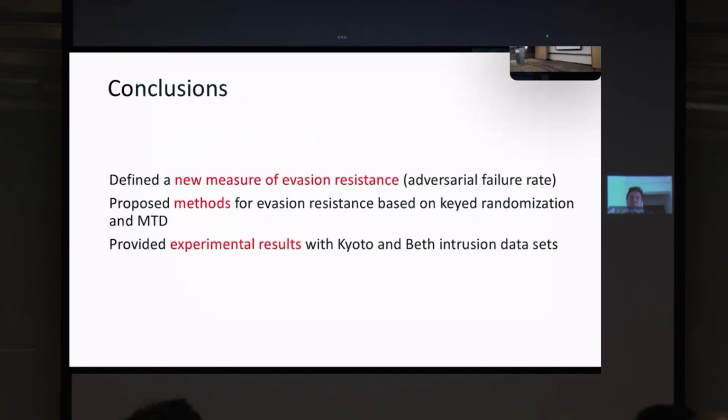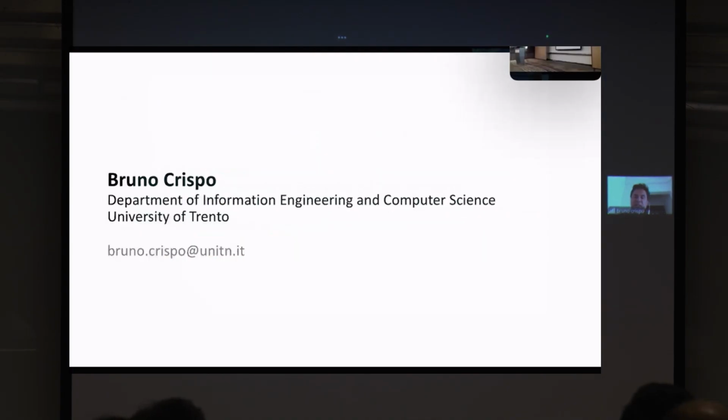Okay, so just to conclude this part, as I said, we introduced this new measure for evasion resistance, also some methods based on kill learning to add randomization at the learning time on the classifier. And as I say, the early experimental results seem to be positive and good for the use of these new methods. And with this, I close the seminar.